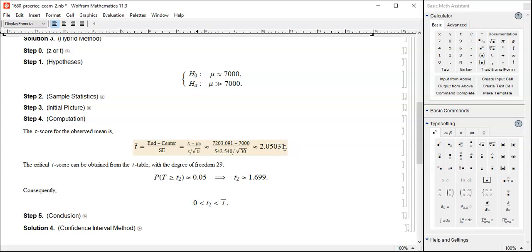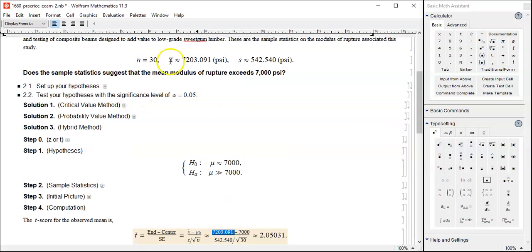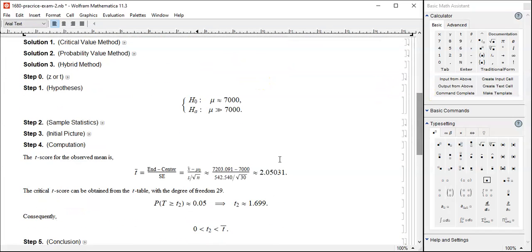Okay, find the t-statistic from the observed mean. What do you have? 7,203.19, and the center is, of course, the null, 7,000. So we have observed mean minus center over SC.